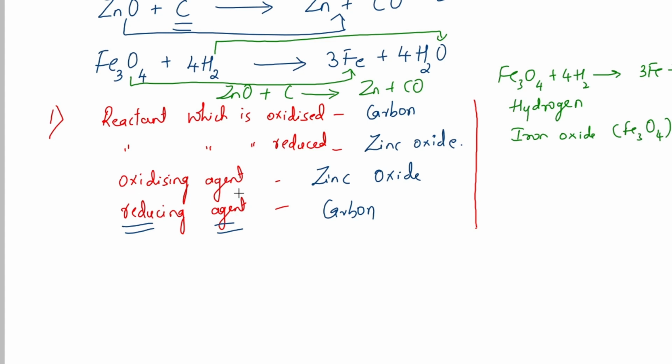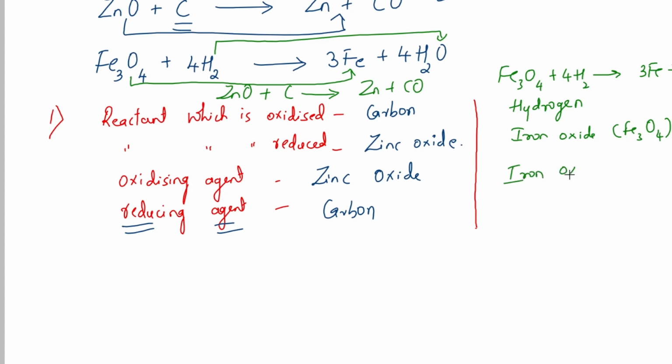Then, which is the oxidizing agent for this reaction? The reactant which has undergone reduction will be the oxidizing agent. So, this will be the oxidizing agent because it has helped the hydrogen to gain oxygen. It has provided hydrogen with oxygen. So, it has helped in oxidation.